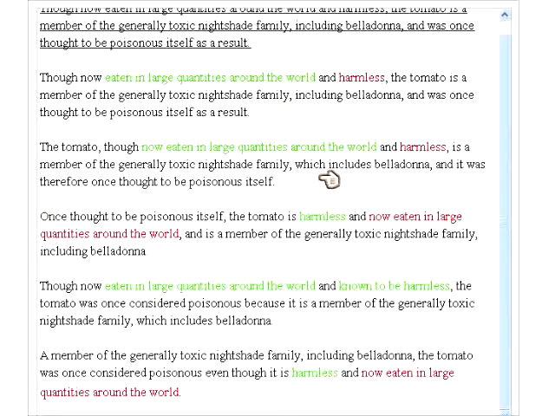Both that harmless is just really short and eaten in large quantities around the world is really long, and the GMAT really doesn't like that. I'll write that down here. I think it's interesting. It doesn't like to parallel a really wordy modifier, now eaten in large quantities around the world, and a really concise modifier, harmless.